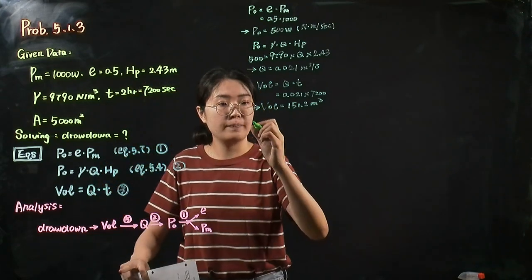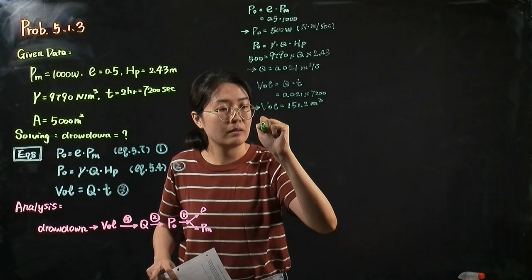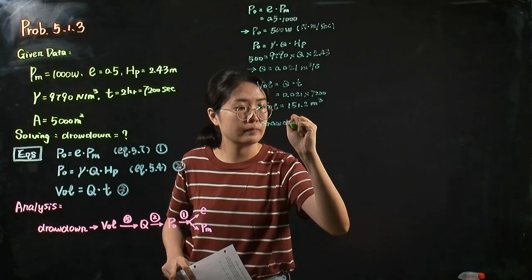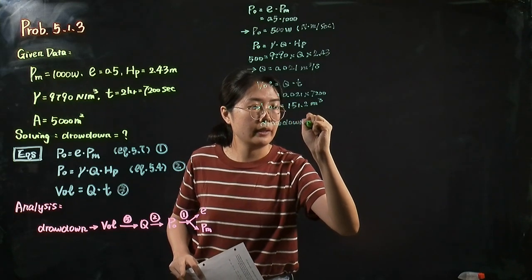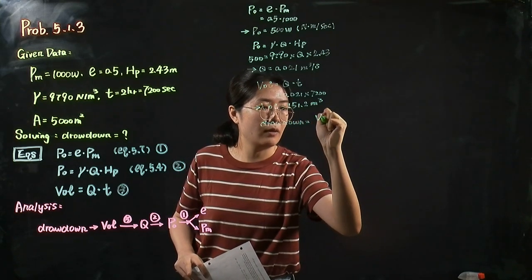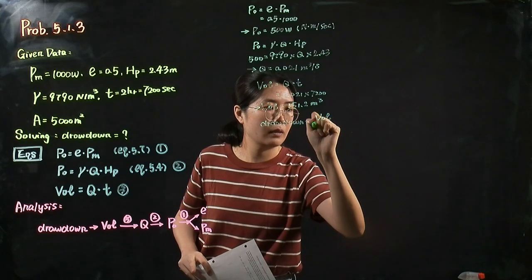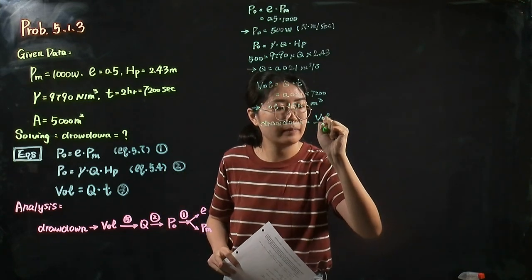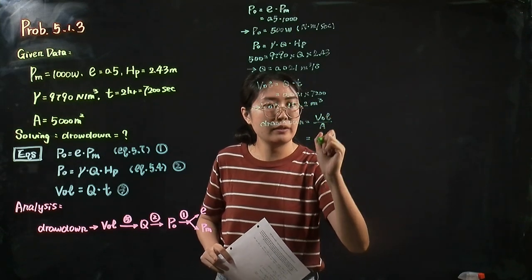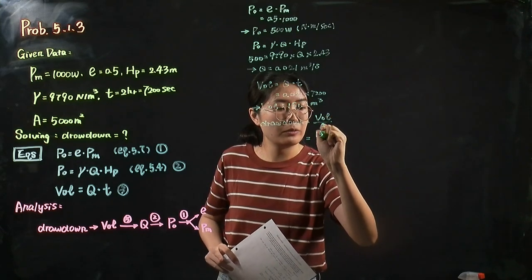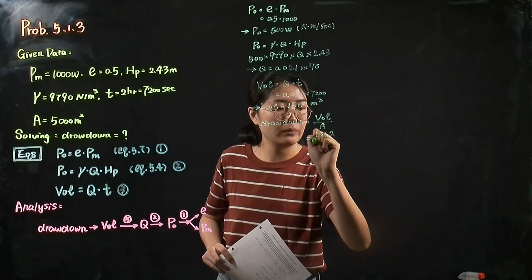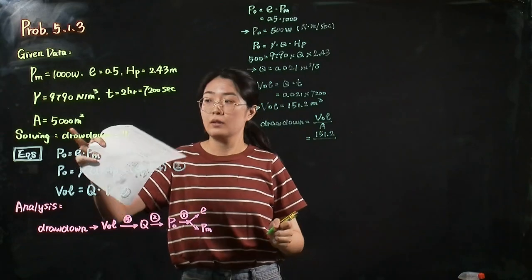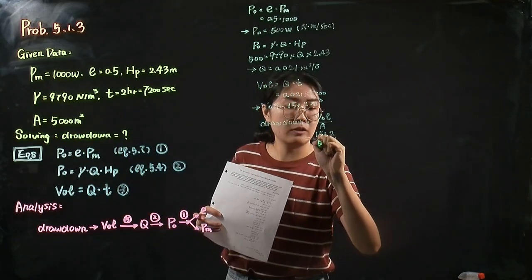And because the draw down equals the volume over the area, it equals 151.2 over the area, which is 5,000 square meters.